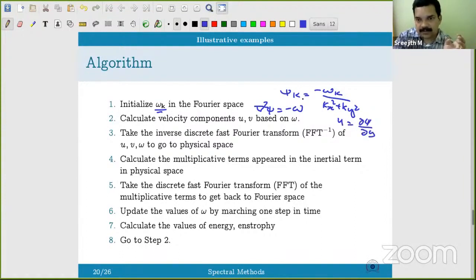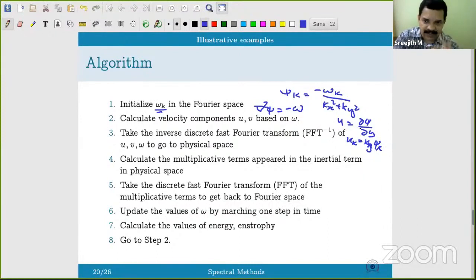If you know the Fourier transform of the stream function, you can find the velocity u. The Fourier transform of velocity u, that is uk, is equal to i ky into psi k. So that directly gives the velocity.